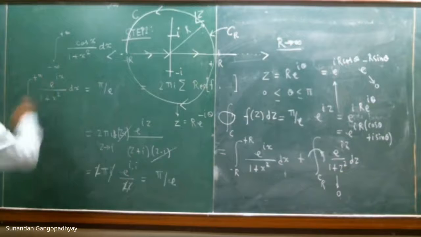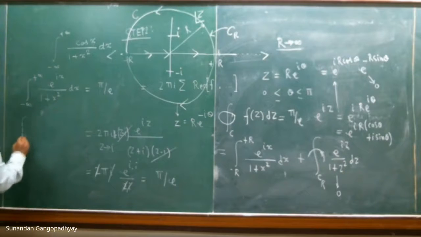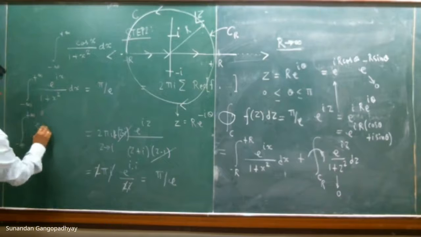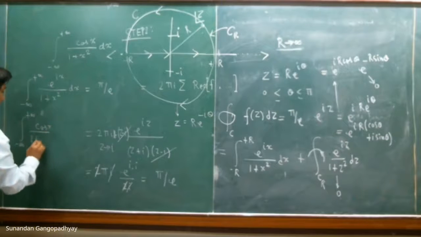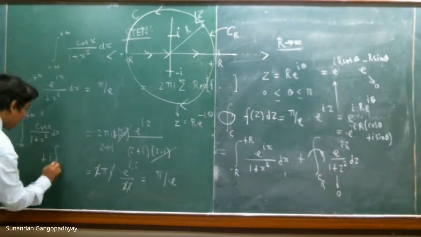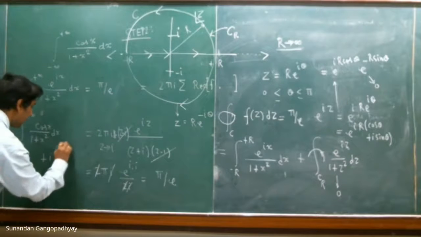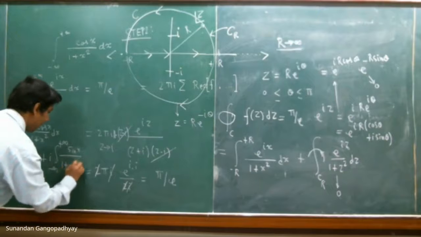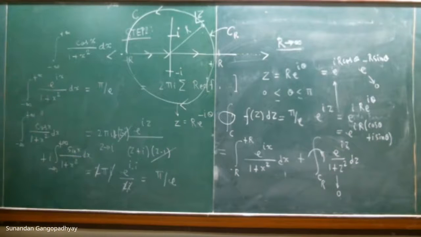But now e to the power of ix is cos x plus i sin x, so this integral is the integral of cos x dx plus i times the integral of sin x.